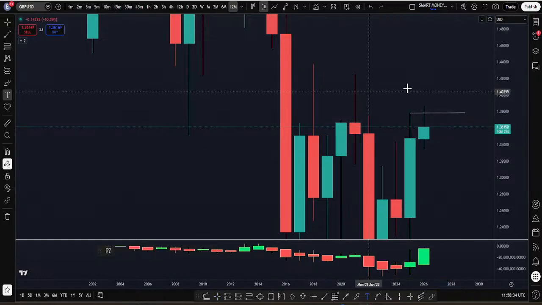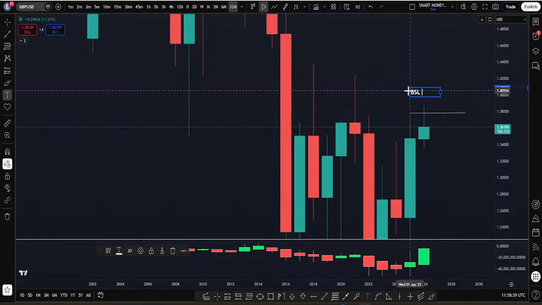So what we have here is buy side liquidity has been taken. And what we tend to do is we do not buy against buy side liquidity.